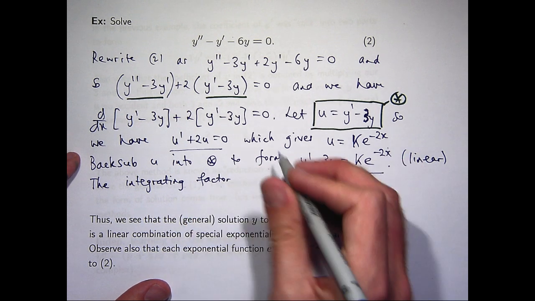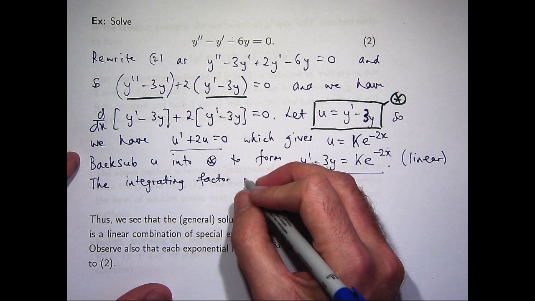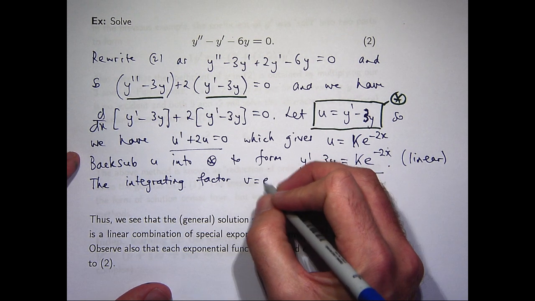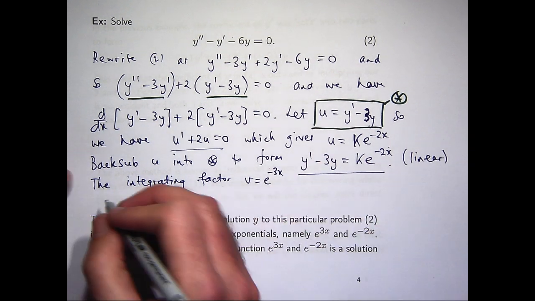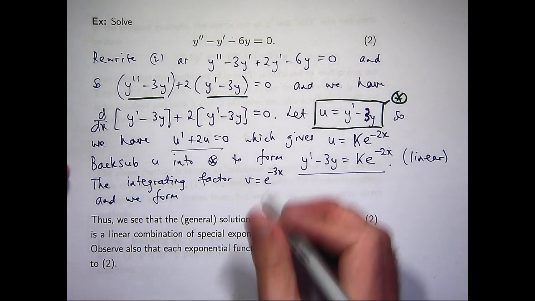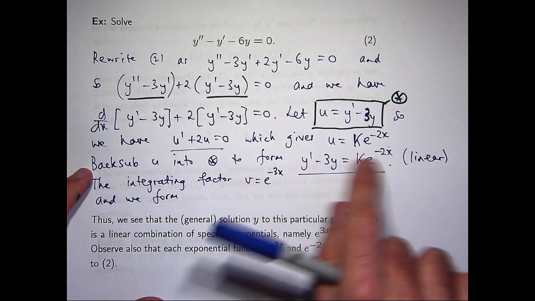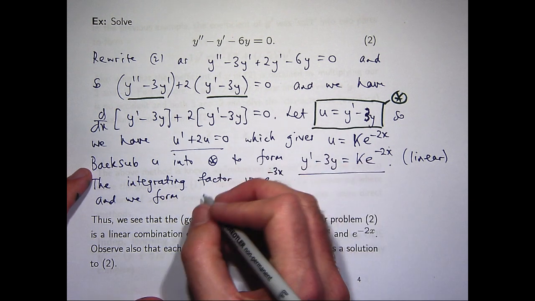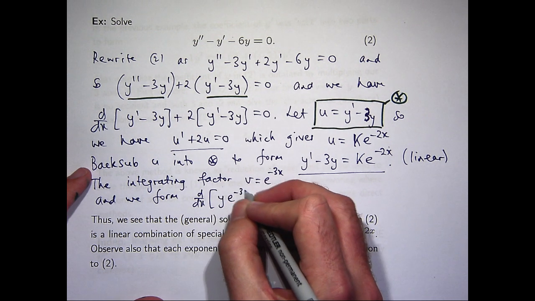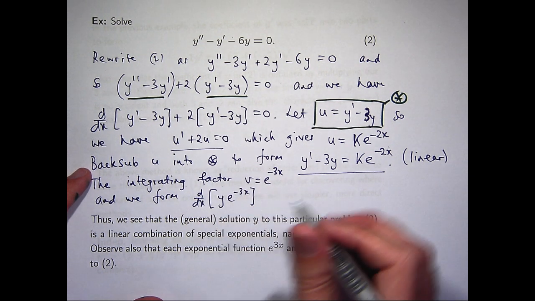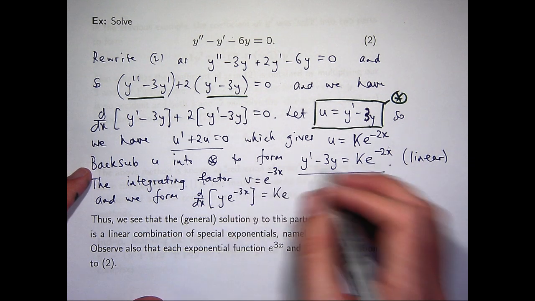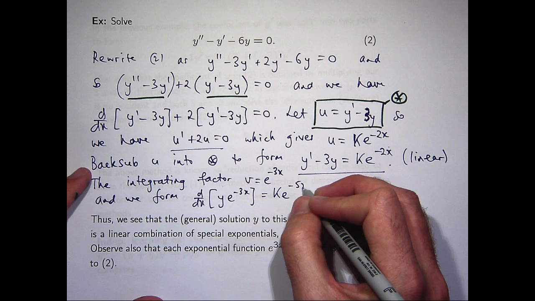So for this problem, the integrating factor, let's write it as v, is just e to the integral of minus 3, so it's just e to the minus 3x. If I multiply both sides by this integrating factor, the left-hand side collapses to the derivative of this product, and the right-hand side will be that times that, which is k e to the minus 5x.